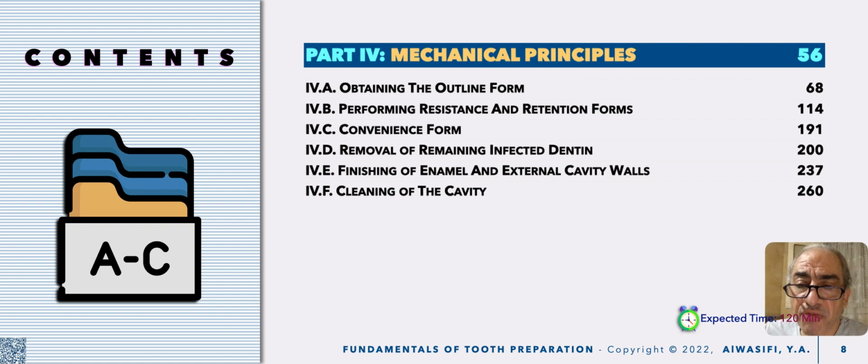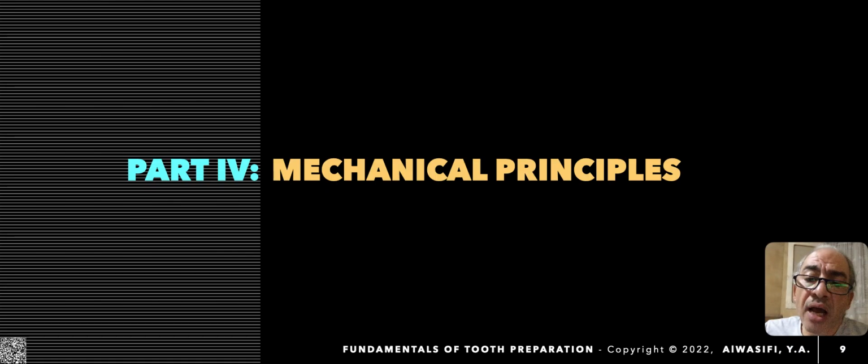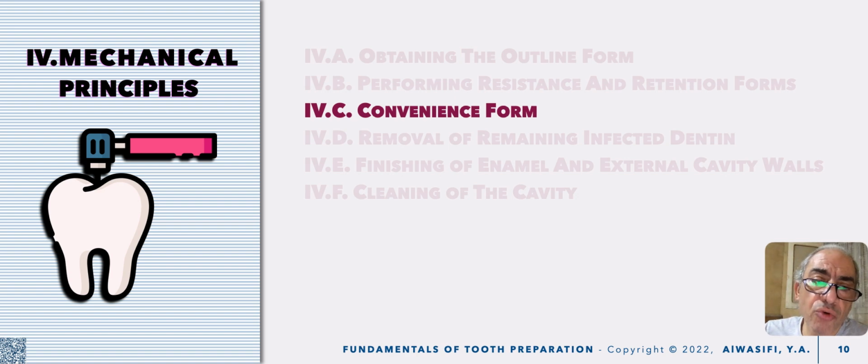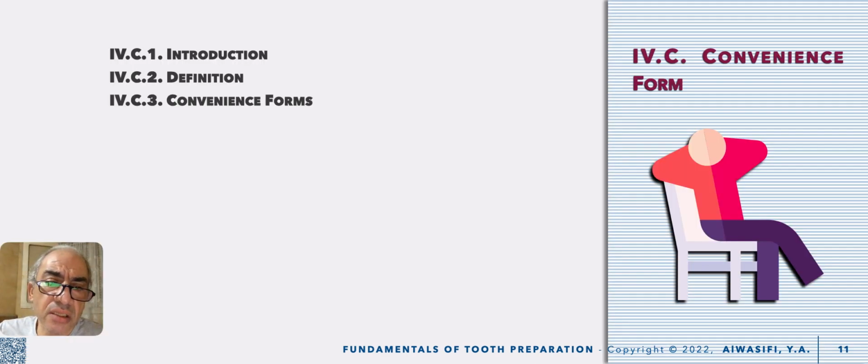We already finished this discussion, and now we are continuing with the convenience form, step number 3 of mechanical steps of cavity preparation. Now we will discuss it in terms of introduction, definition, and what the convenience forms or the convenience features are. Let's start with the introduction.